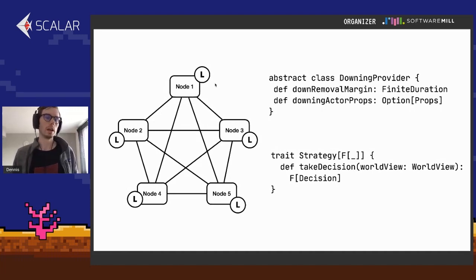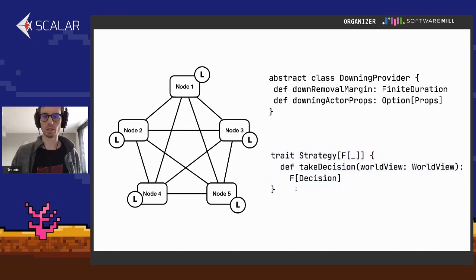So at least in the case of Lithium, it's not running on just one of the nodes as a singleton or as some additional node in the cluster. It's really on every node. And then very roughly, it does some stuff, and at the end there's a strategy.